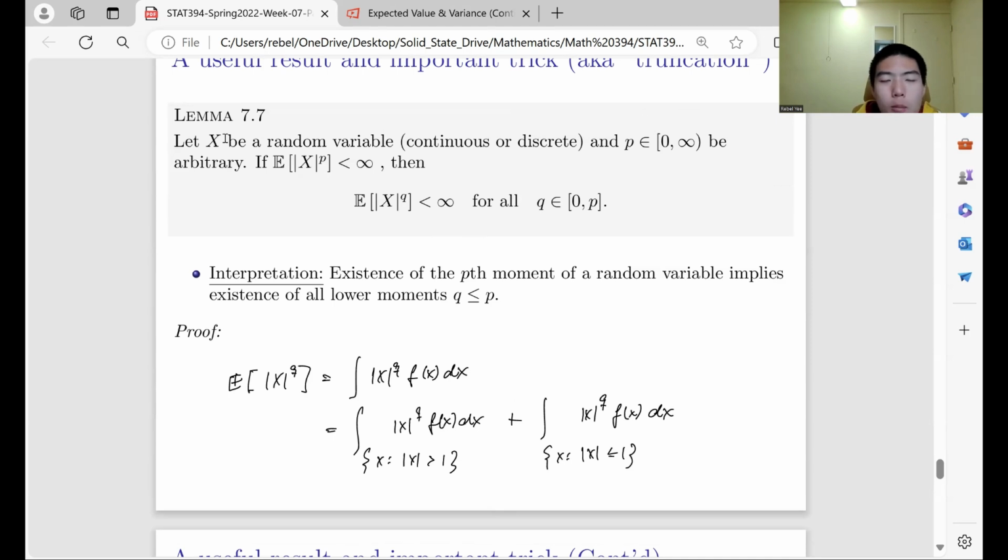This lemma 7.7 is important for checking the assumption for computing the expectation, because if it is infinite, then we are not going to compute its expected value. And how do we check that it is finite? It holds if q belongs to the interval from 0 to p. So if it is from 0 to p, then it can be solved.